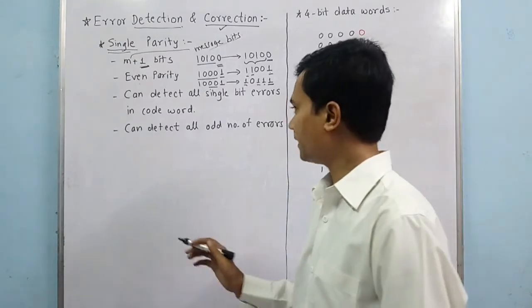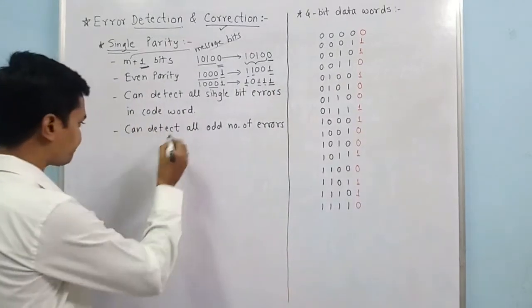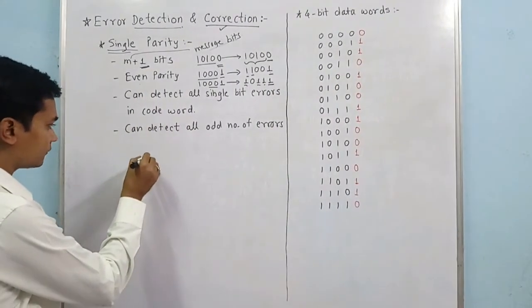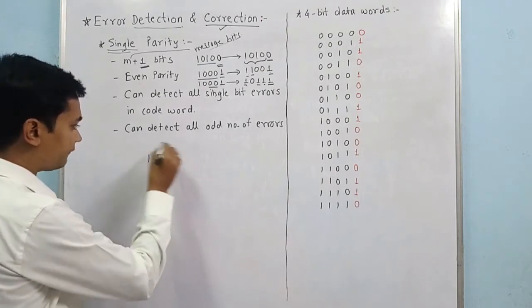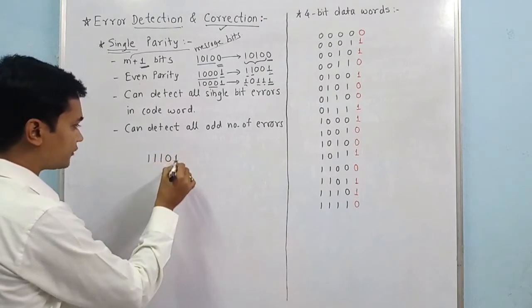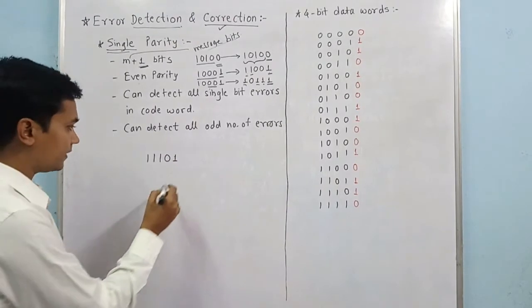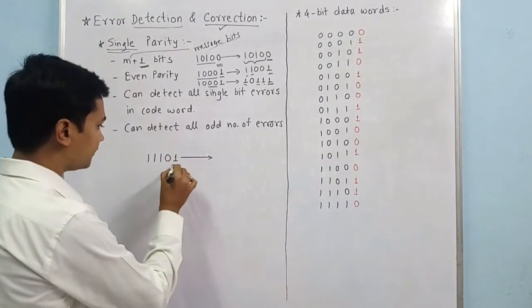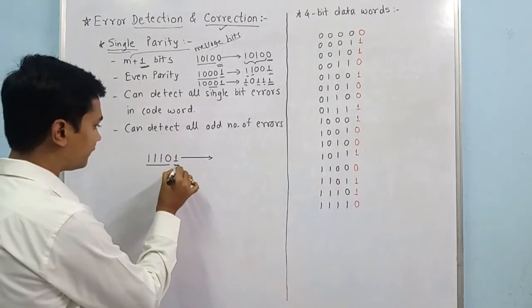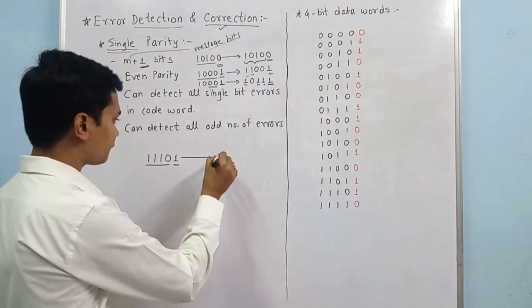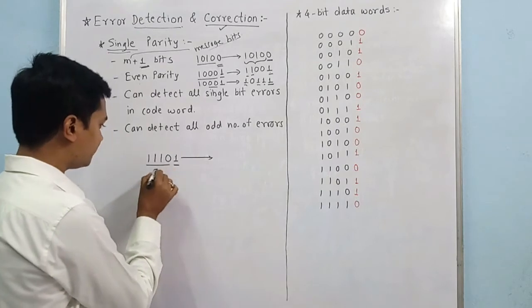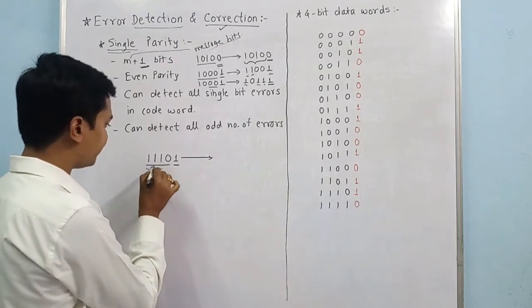That's why I am saying, suppose the transmitter is sending 1110, and to make it even parity, a logic 1 should be added here. The transmitter sends these 4 data bits and 1 parity bit, and suppose the receiver receives it after I change these 3 bits.